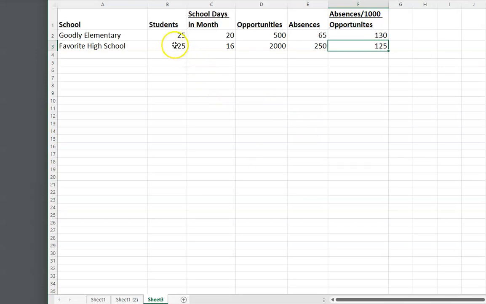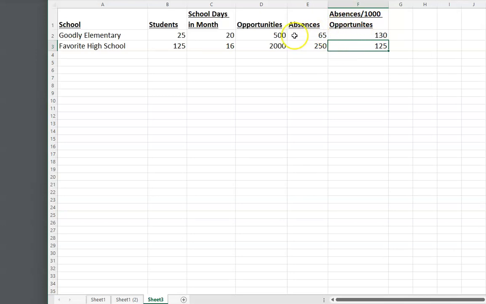So for example, in these made up schools here, there's a school with 25 students and 20 days in a month, which means that there are 500 opportunities for students to be absent. And that's just simply 25 students times 20 school days. And if this school had 65 absences, then that would come to 130 absences per 1,000 opportunities.